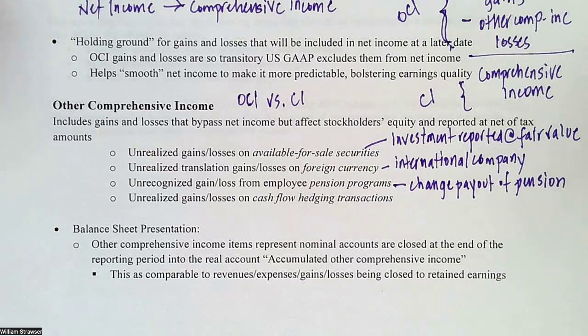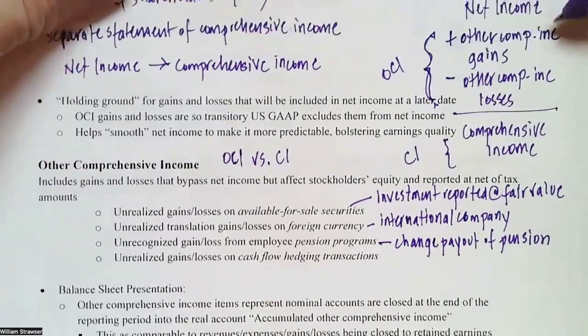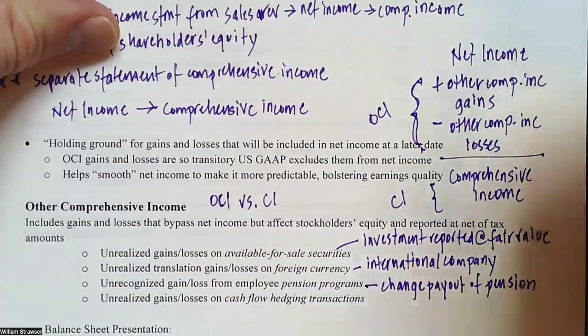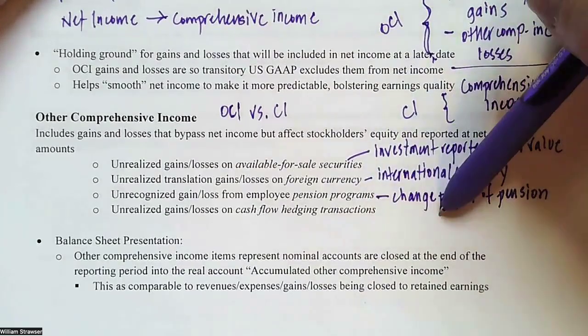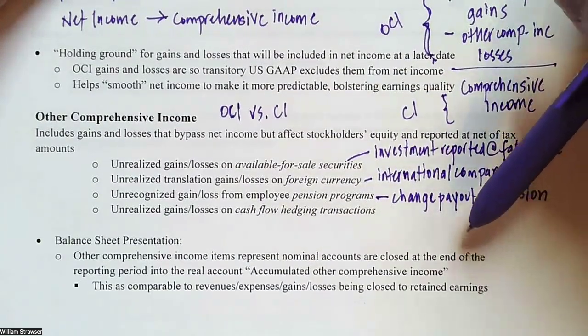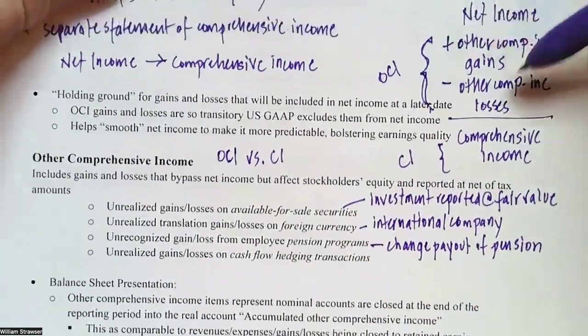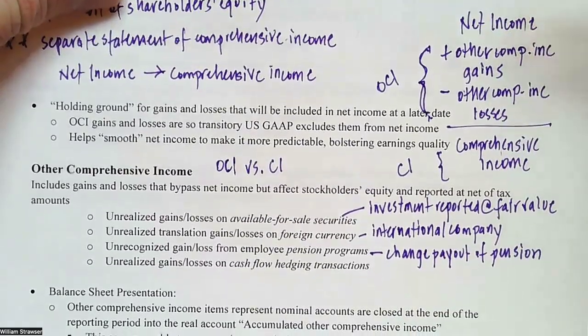Sometimes, very rarely, they'll decrease benefits. But when they increase benefits, it's a huge loss that would have to be recognized all at once. We don't want to put that entire loss in net income right away. So we bleed it into net income over time, but we put the entire loss in OCI and then slowly recognize parts of it in net income over the years.